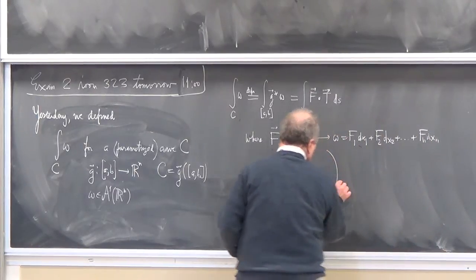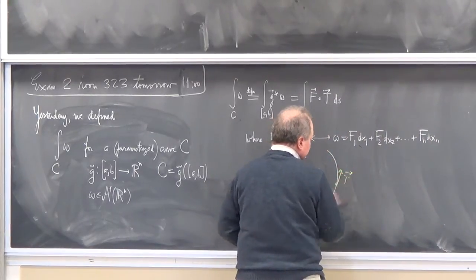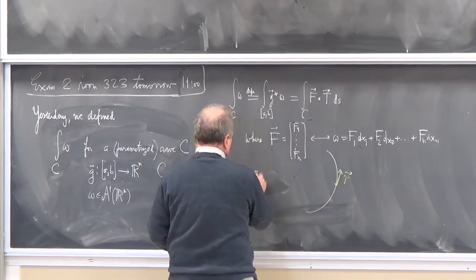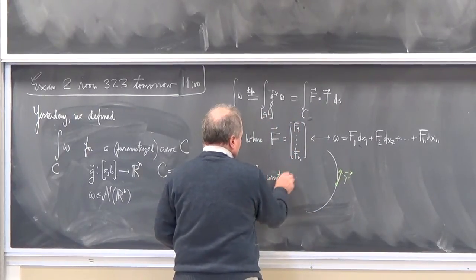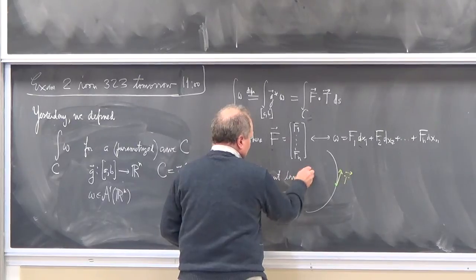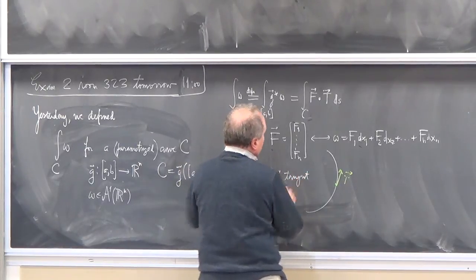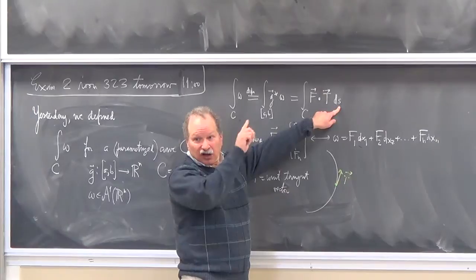So at each point, you have a unit tangent vector. And remember what ds stands for. This means you're integrating with respect to arc length along the curve.